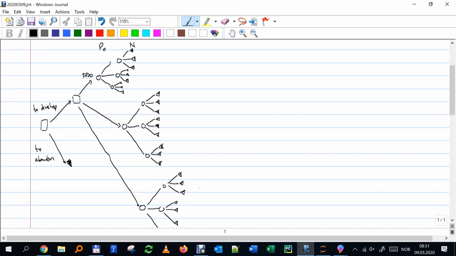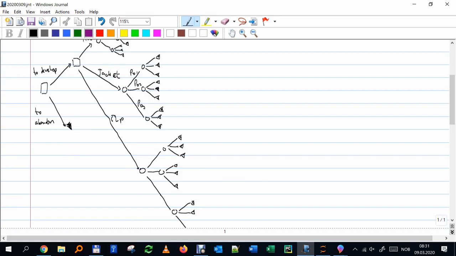Yeah, and this first one was FPSO, jacket, and this was TLP, because I can decide, right? But then I have here price 1, price 2, price 3, and then here also the same thing with price. Just make it into another color. And here I have the Ns for each one of these. So I have N1, N2, N3, and the same thing here, N1, N2.